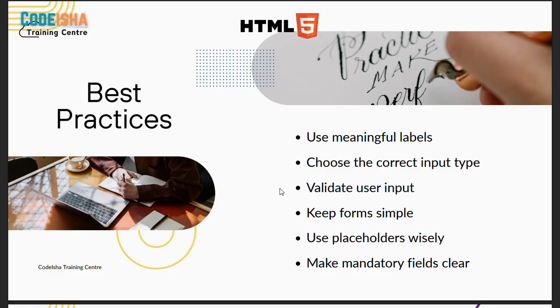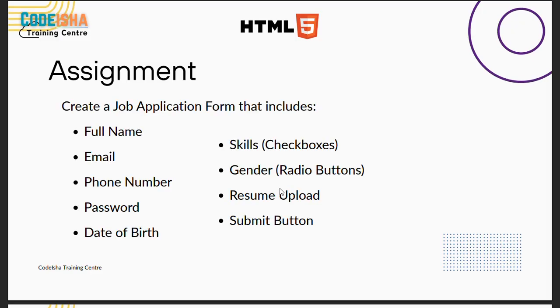And coming to the next, here's the assignment based on today's topic. Let's try to create one job application form, with full name, email, number, password, date of birth, skills, gender, resume upload, and a final submit button. Here I'm giving a hint.